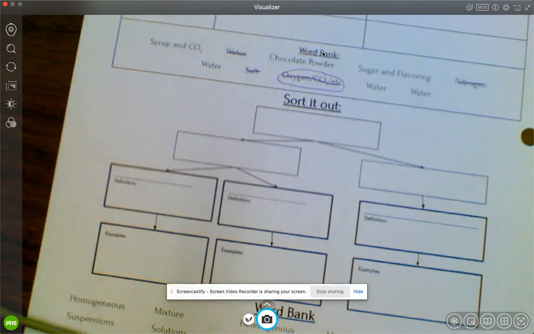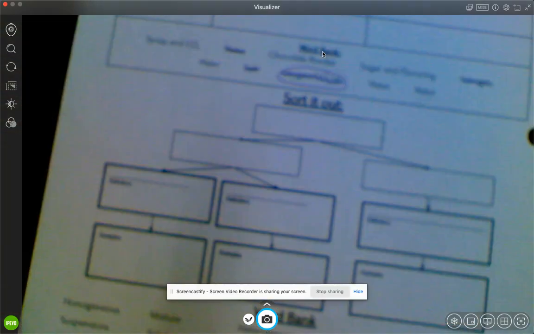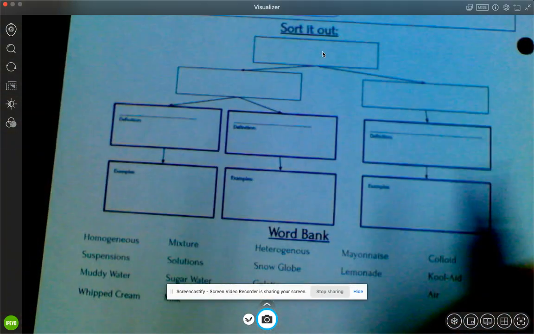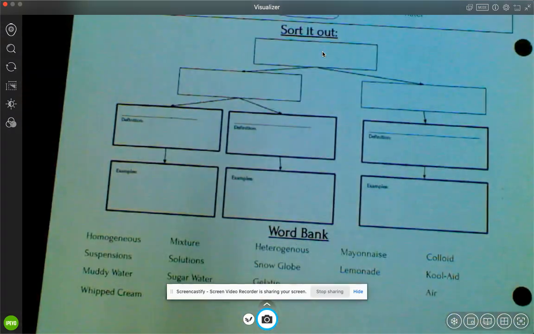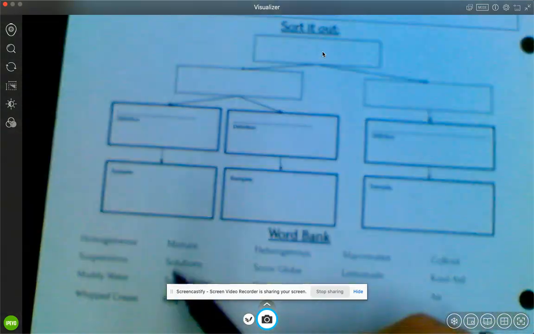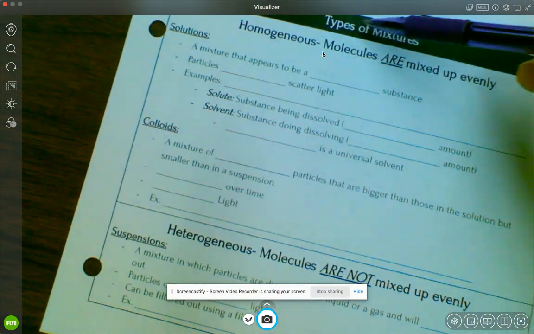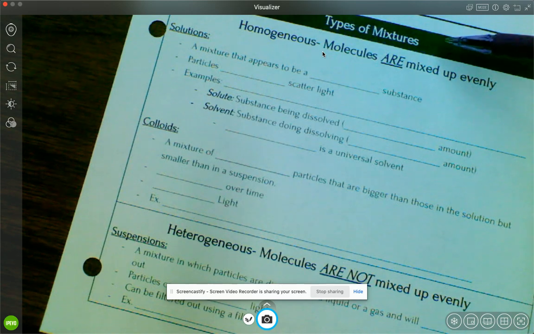And then on the bottom here, this one, it's not meant to be tricky, but sometimes people are like, I don't get where to start. We've got a word bank at the bottom and we just need to fill it all in. So the big thing, our big topic, if you look on the front, are our types of mixtures.